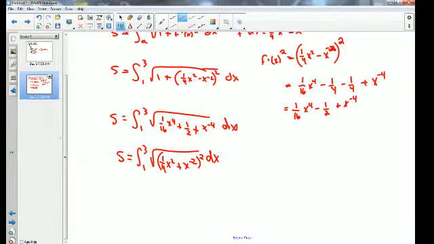Good? So we can eliminate the root, and we just have a basic integral, a polynomial integral now.